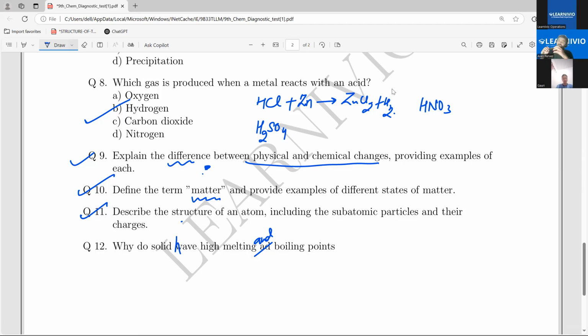Good, very good. Simply, we need to provide a large amount of energy to overcome that force of attraction because they are tightly packed and have high force of attraction between their particles.